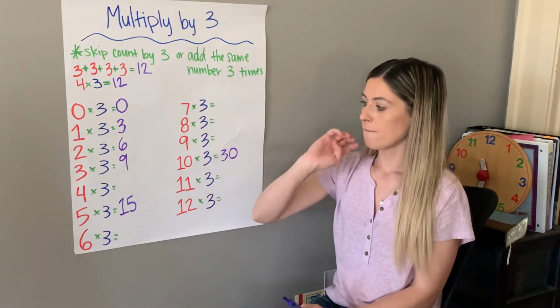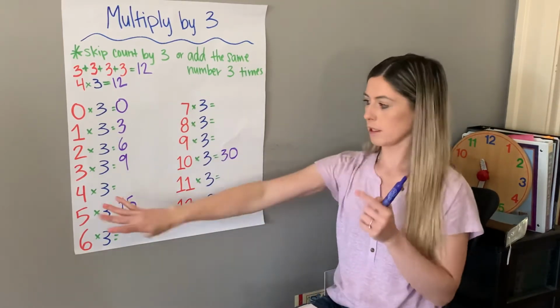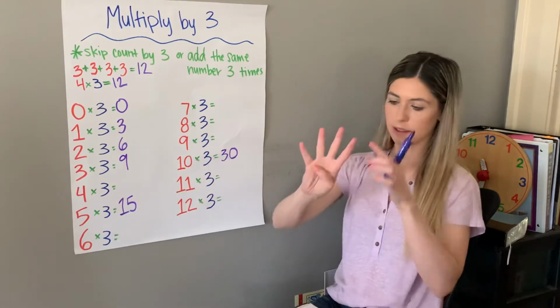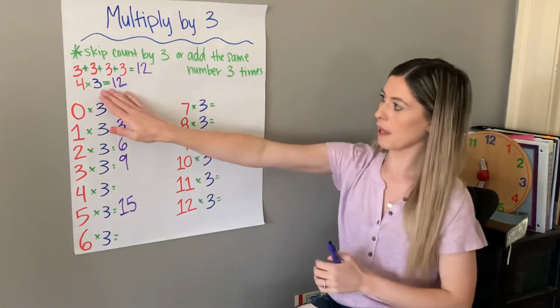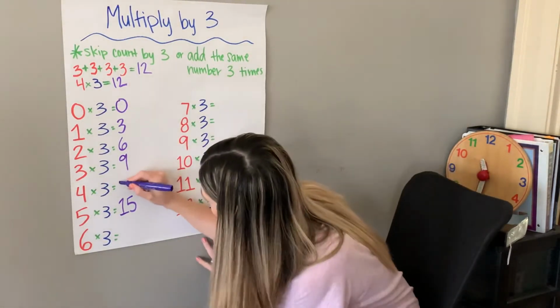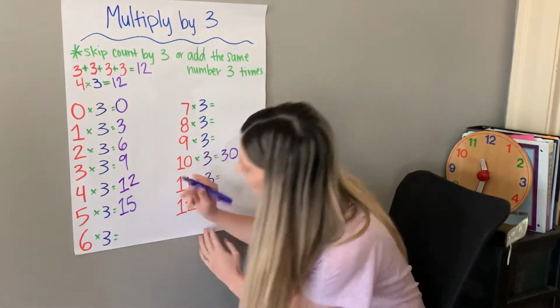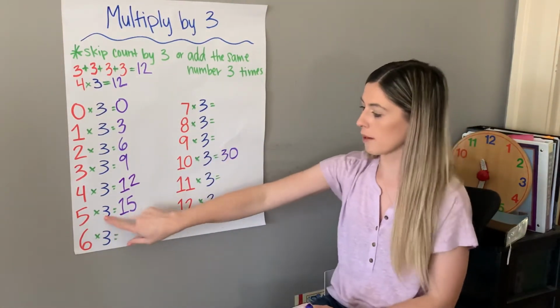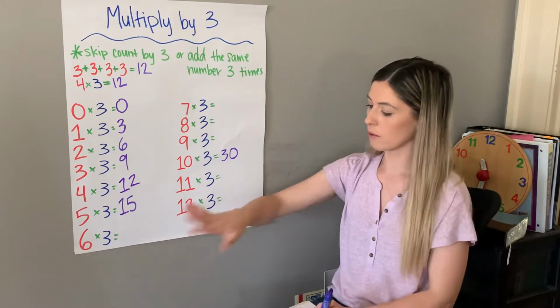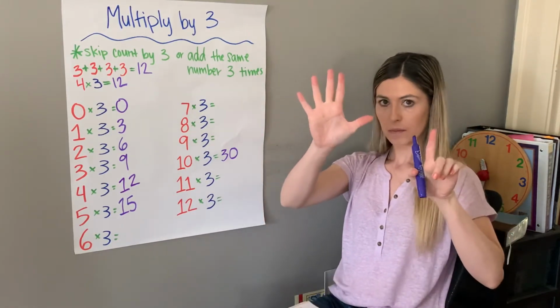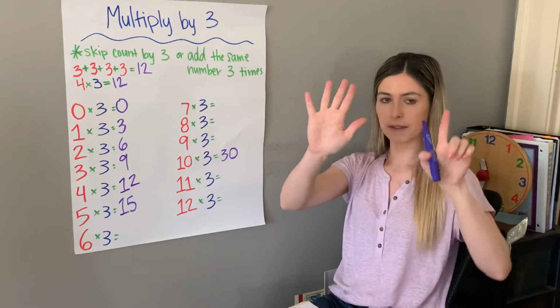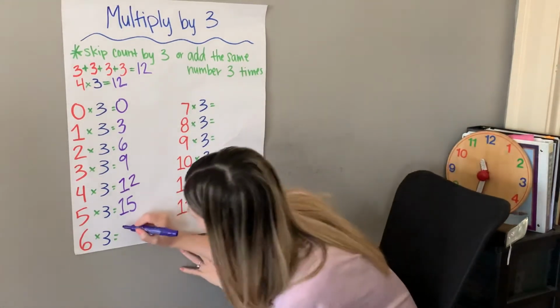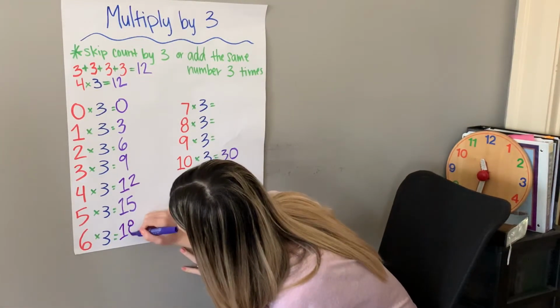So 4 fingers counting by threes, 3, 6, 9, 12. That one we already did up there as well. 12. Now we already did 5 times 3 is 15. 6 times 3, so 6 fingers. 3, 6, 9, 12, 15, 18. 6 times 3 is 18.